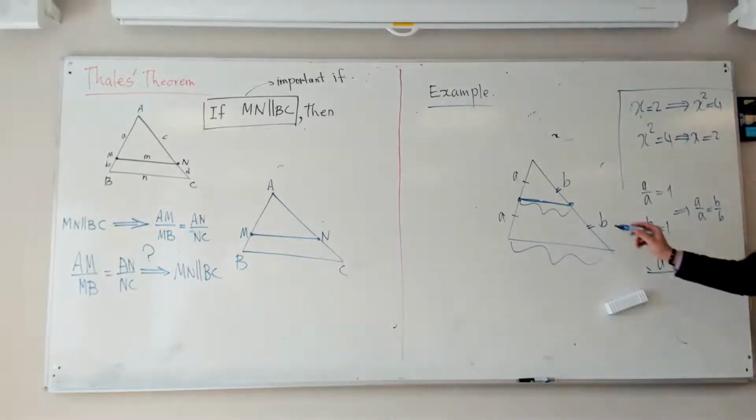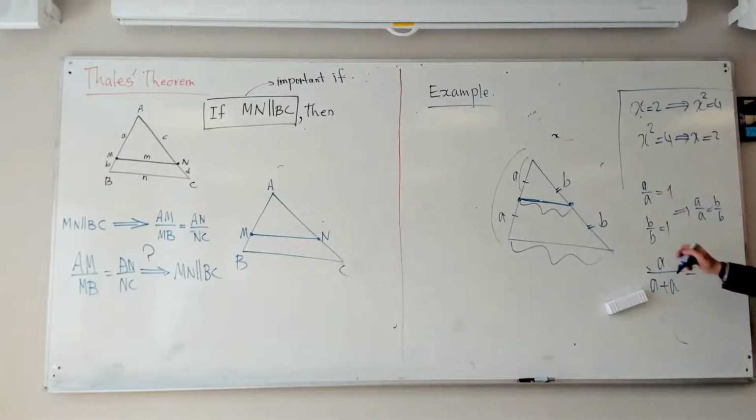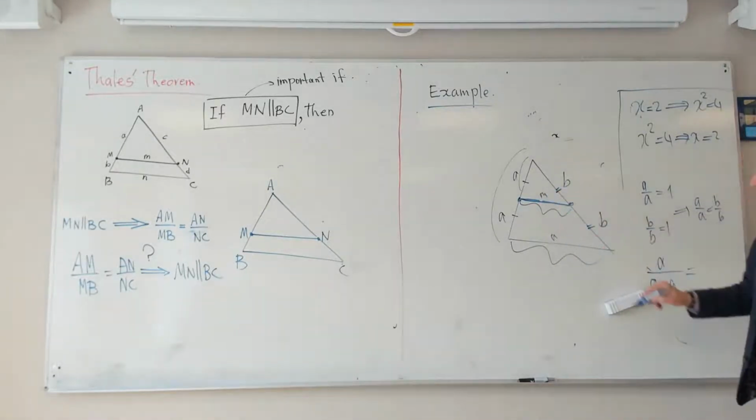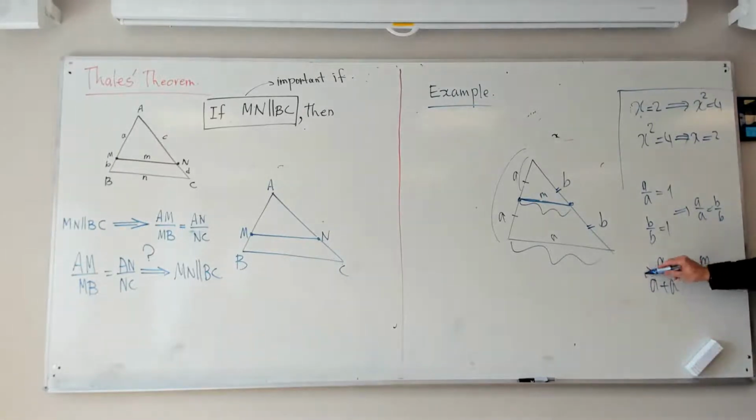A divided by the whole expression is equal to M divided by N. But can you tell me what this is? That's a half, exactly, because A divided by 2A is 1/2. So it means that M over N is 1/2.